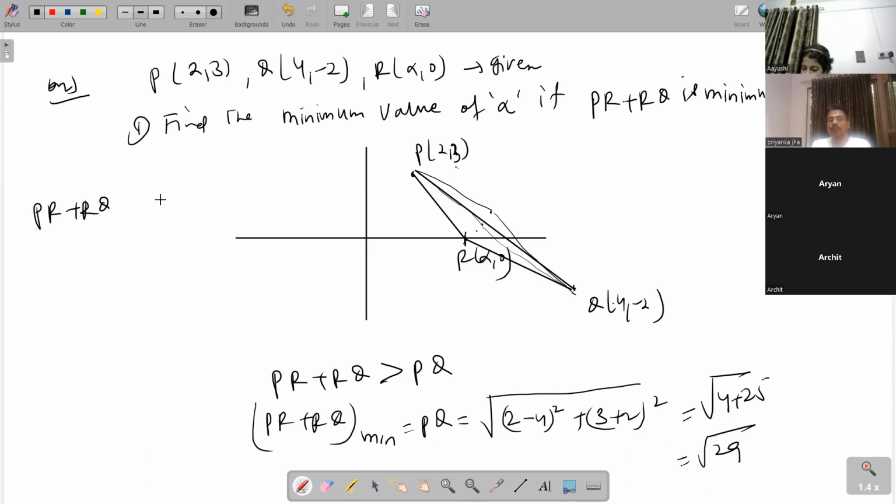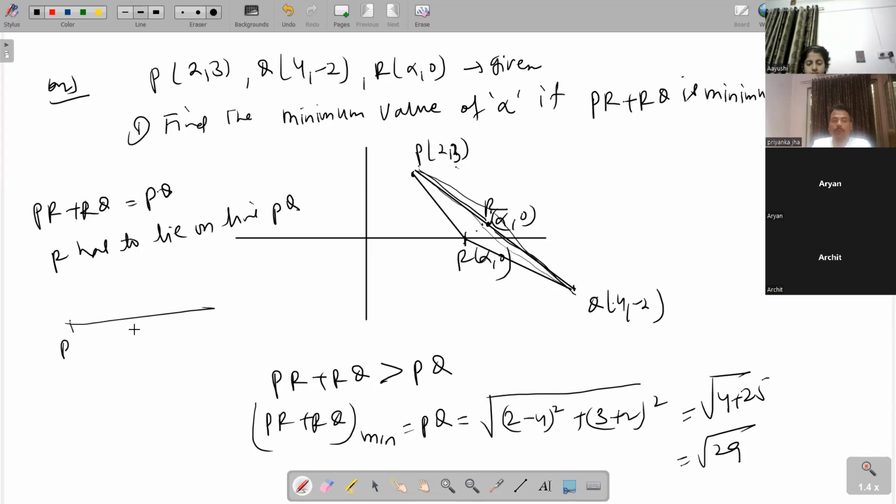So if this has to be equal to PQ, it means that point R has to lie on line PQ, on the line through (alpha, 0). Then only PR plus RQ will be minimum and equal to PQ.